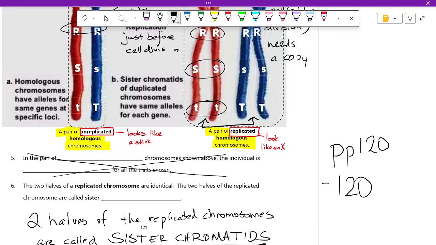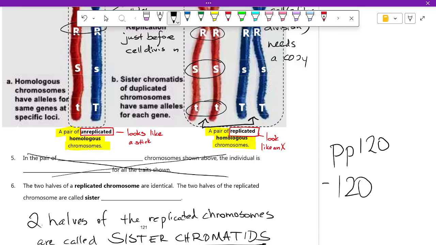Oh, yeah. I really need to erase this whole thing because this was all from yesterday. I have not marked it yet. I'm so sorry.